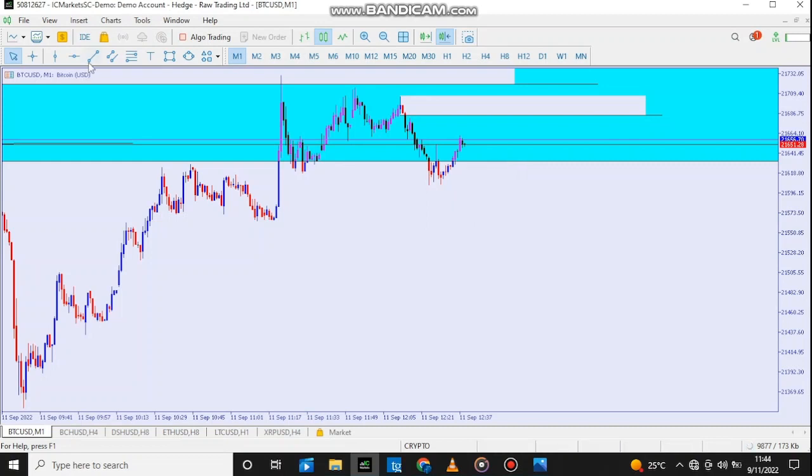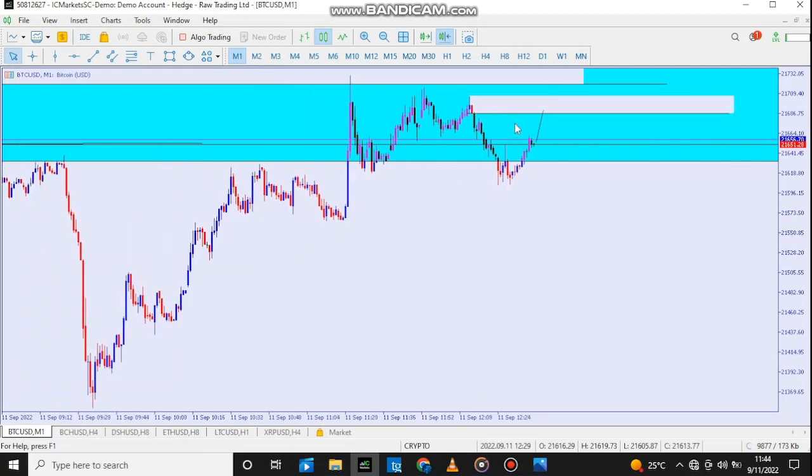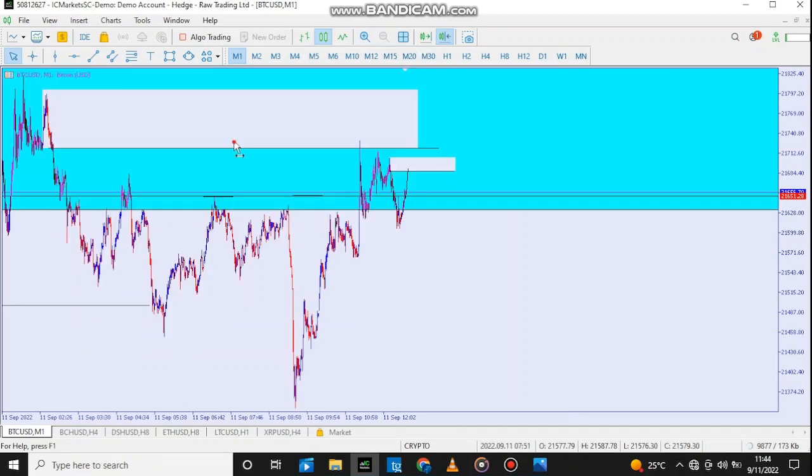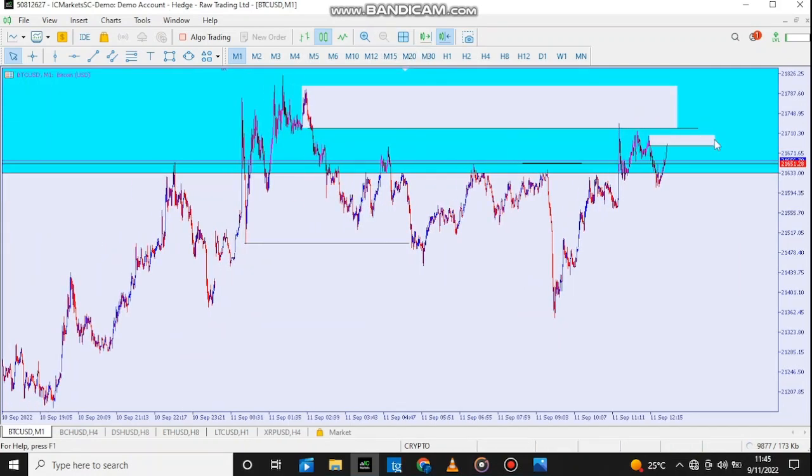So I expect the price to react to this supply because there is no other supply that is left above except this one. So I expect an entry here. All the way the downside.